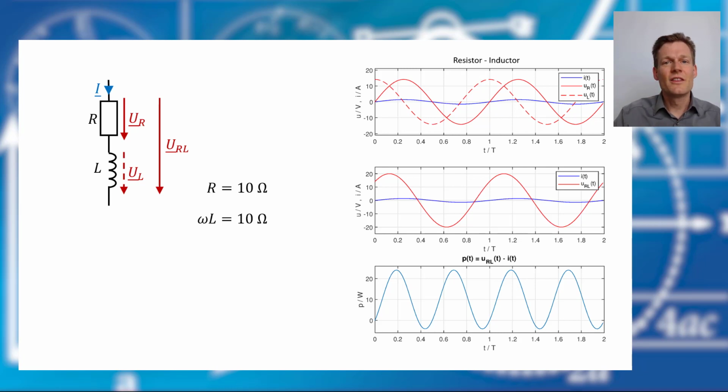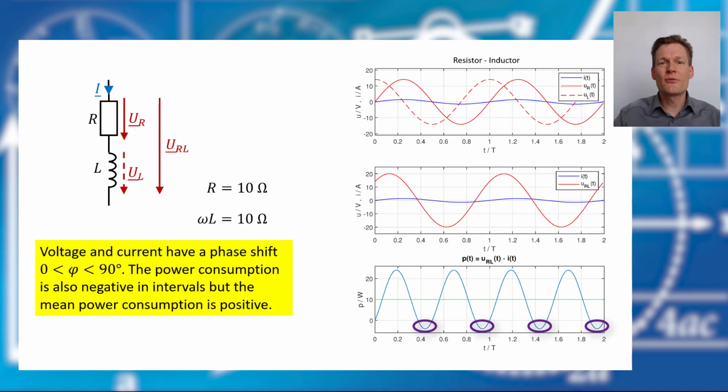And you see, the mean value is our 10 watts, so the value of our active power. And you also see that the power consumption of our network is positive the most time, but there are time periods where the power consumption is negative.